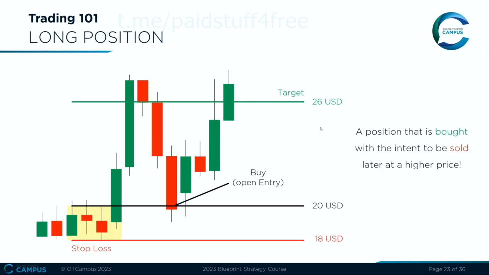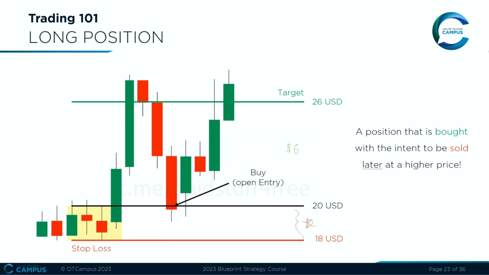That's a risk to reward of 1 to 3, right? I make $6 from 20 to 26, and I'm potentially risking $2 from 20 to 18.